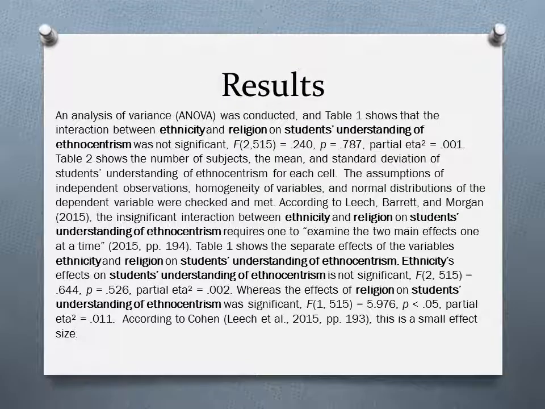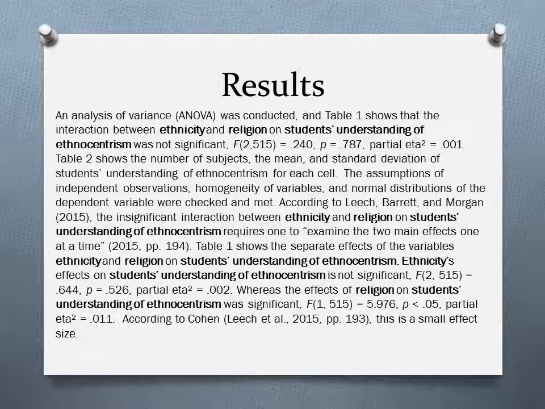The results for our question are: an analysis of variance was conducted, and Table 1 shows that the interaction between ethnicity and religion on students' understanding of ethnocentrism was not significant, with F equals 0.240, P equals 0.787, with partial eta squared of 0.001.